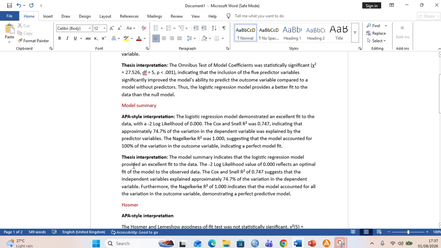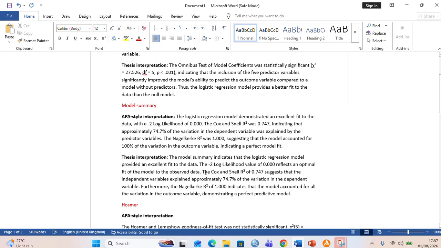If you are writing your thesis or dissertation, this is how you're supposed to put it: the model summary indicated that the logistic regression model provided an excellent fit to the data, so that the -2 likelihood value of 0.00 reflects an optimal fit of the model to the observed data.